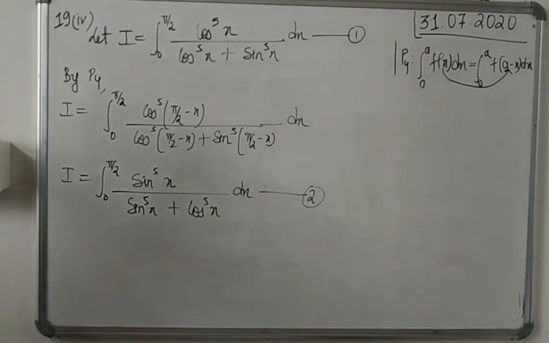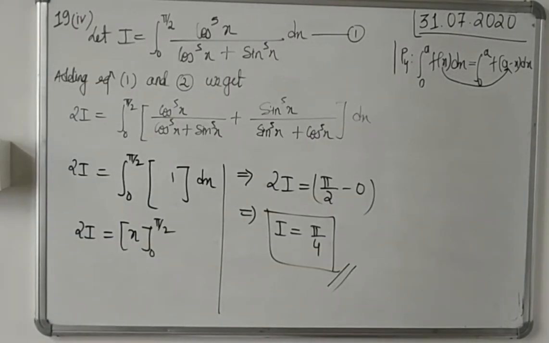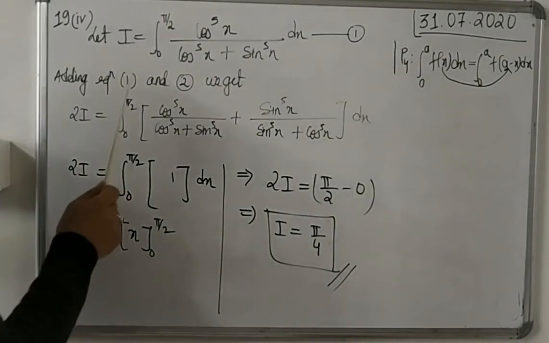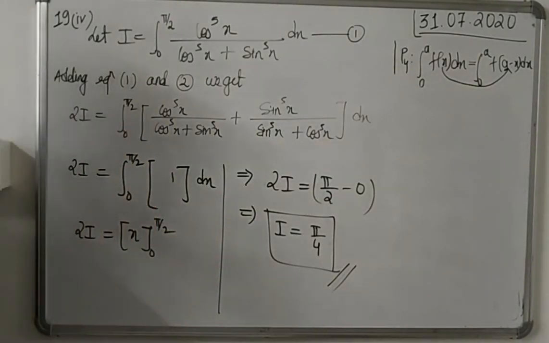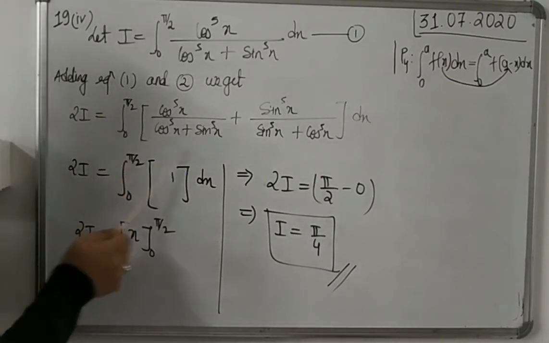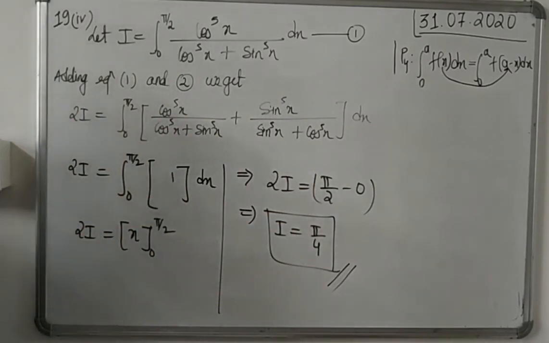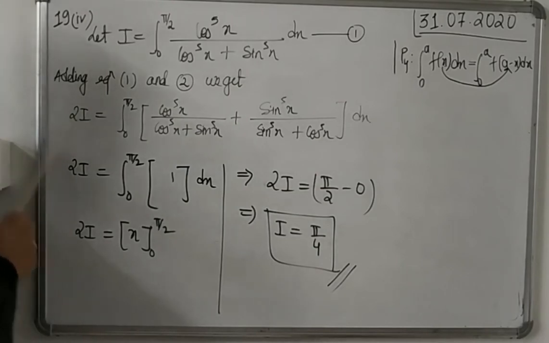So write down adding equation 1 and 2. Therefore, adding equation 1 and 2, the same process, adding and taking the common. I hope you can guess out here. Integration 0 to pi by 2 of this into dx is equation 1, and integration of this is equation 2. So adding them together, left hand side becomes 2I.